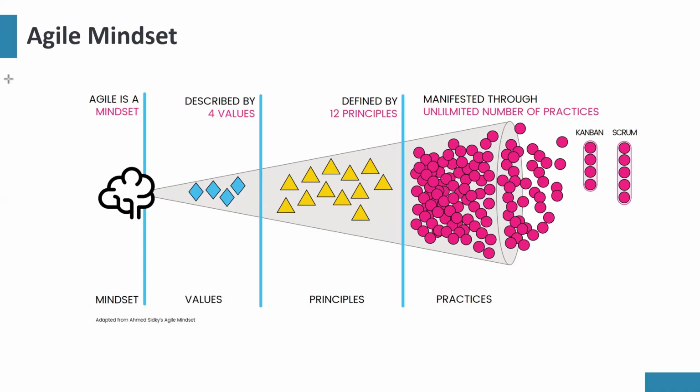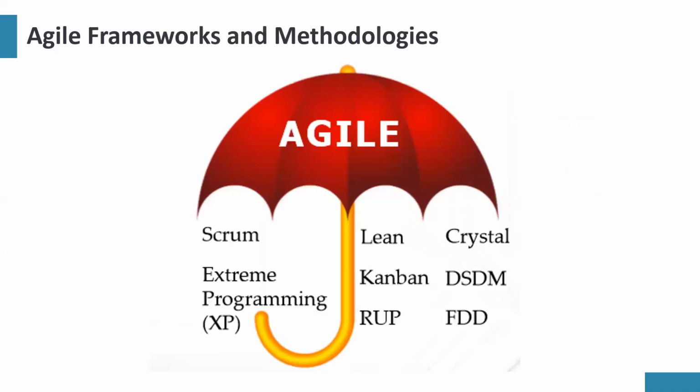So Agile is an umbrella name for a number of practices: Scrum, Extreme Programming, Lean, Kanban, RUP, Crystal, DSDM, and FDD. Now, don't worry, you don't have to know all of them. In fact, we're just going to talk about a few. The most popular of the Agile frameworks is Scrum, and we're going to focus on Scrum in this training.